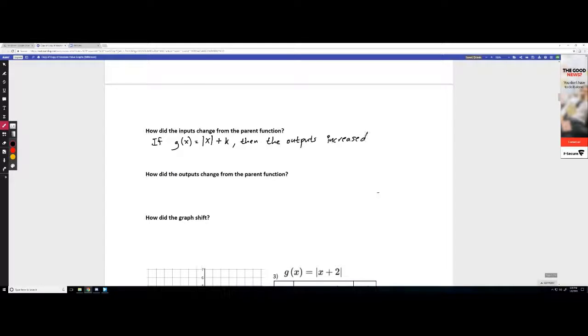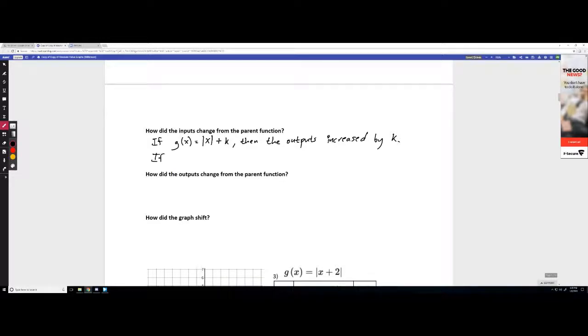The whole function, if you graphed it, would shift up. They would increase by whatever that number was, by k. If it was 2, it goes up by 2. If it goes up by plus 10, it goes up all by 10, right?